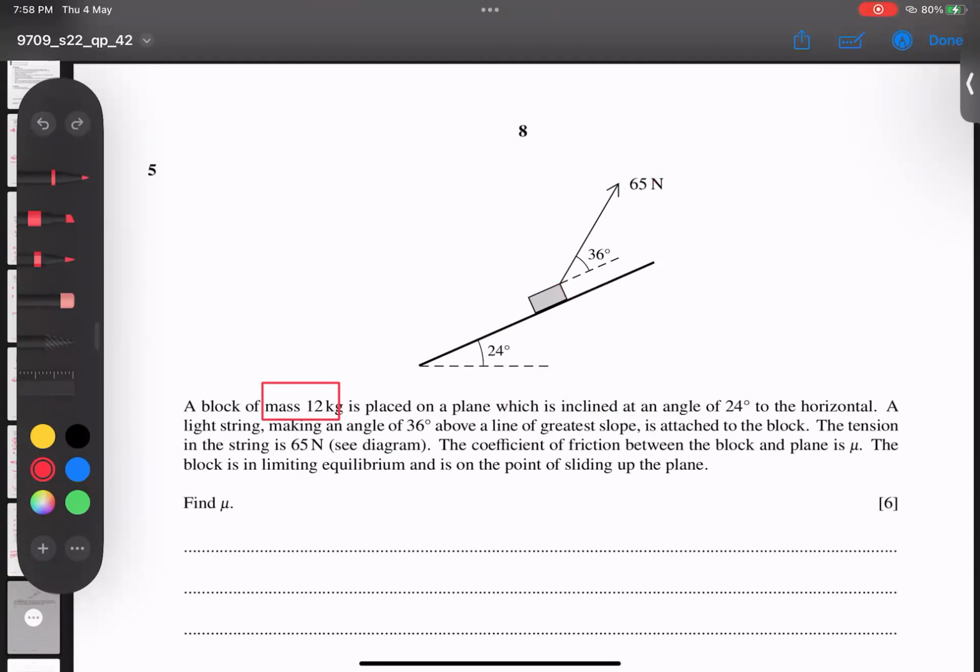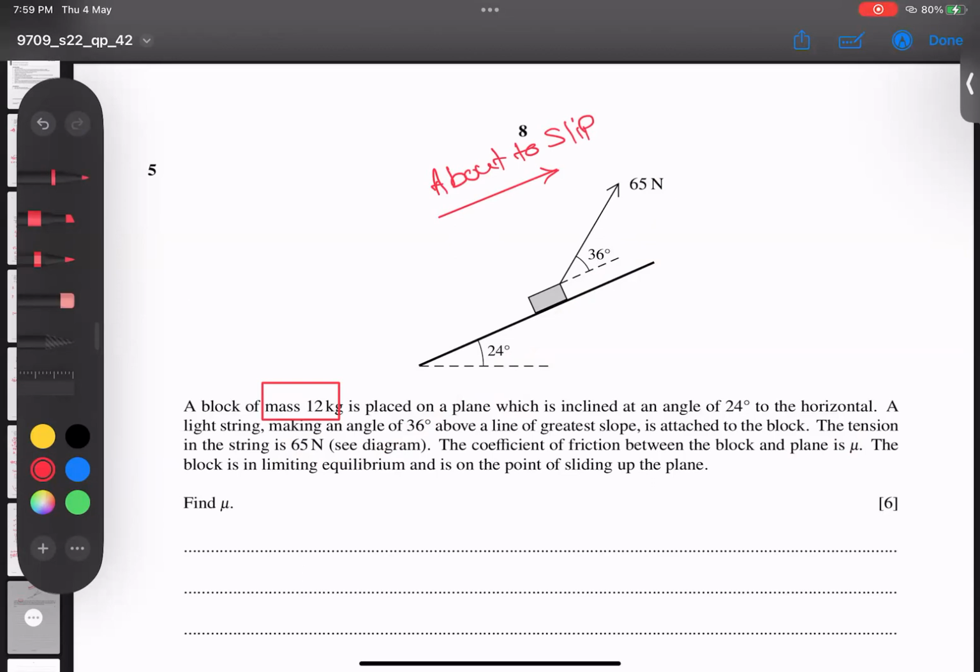The tension of the string is 65. The coefficient of friction is given as mu, and the block is in limiting equilibrium, on the point of slipping up. It means about to slip up. About to slip up means naturally friction is backwards, and find mu.